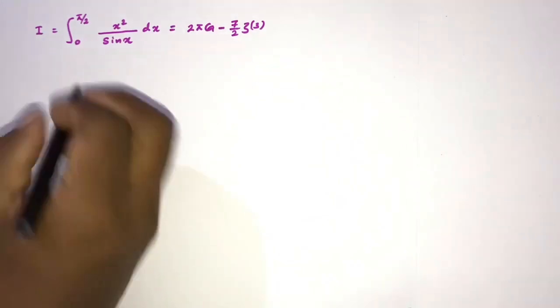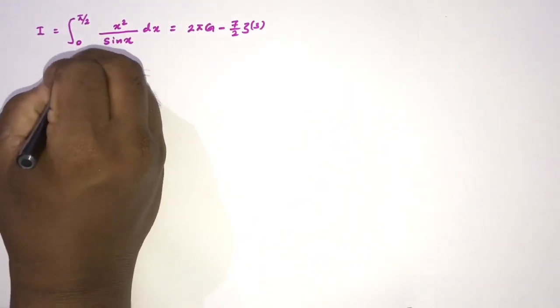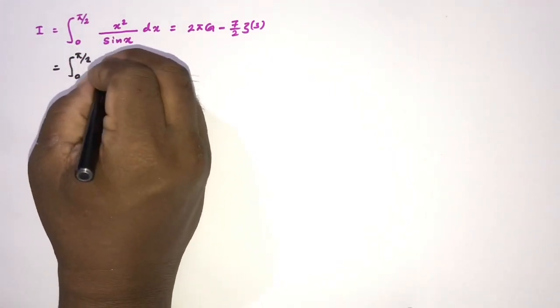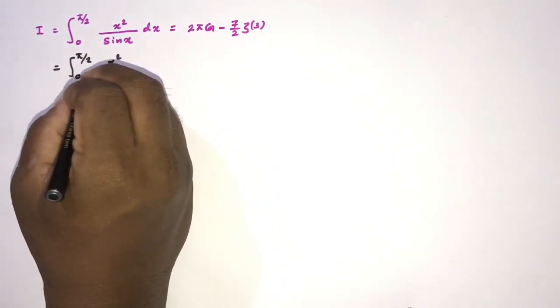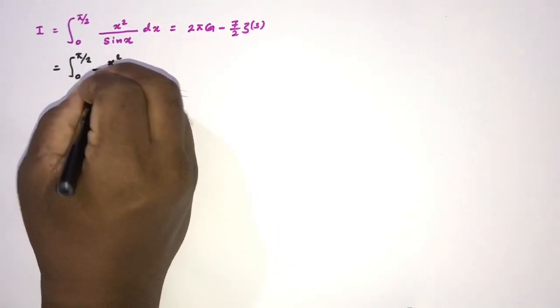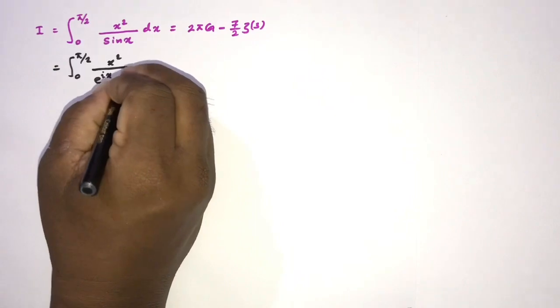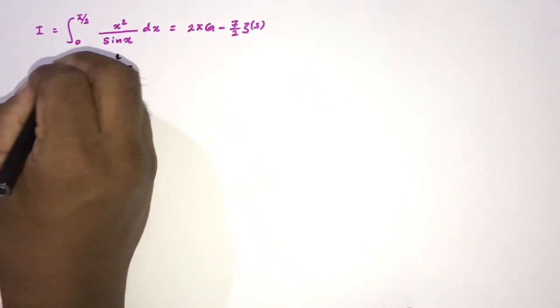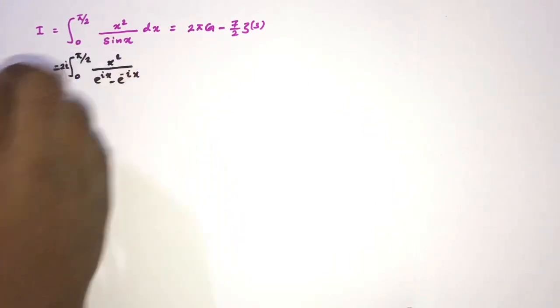First, I is equal to the integral from 0 to pi over 2 of x squared. Now we know the complex definition of sine of x: e to the ix minus e to the minus ix over 2 times i. So 2 times i is a constant, so we can write it outside of the integral sign.